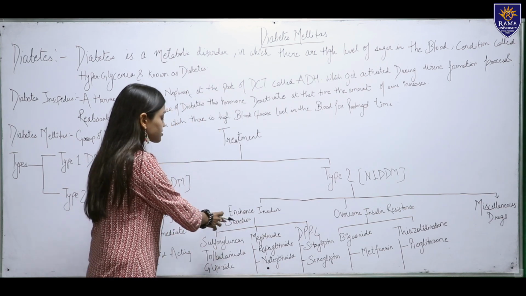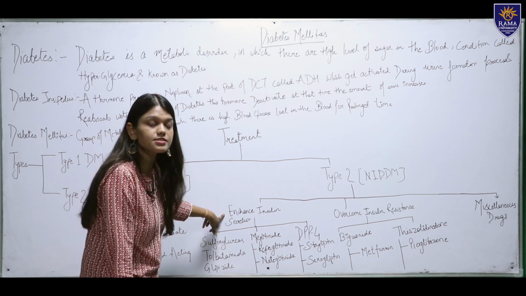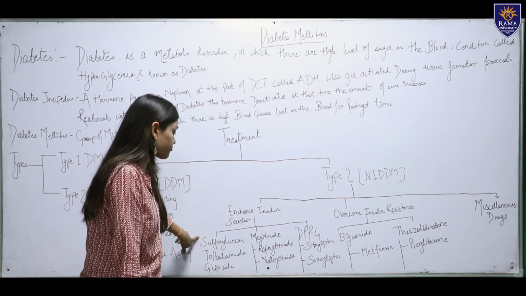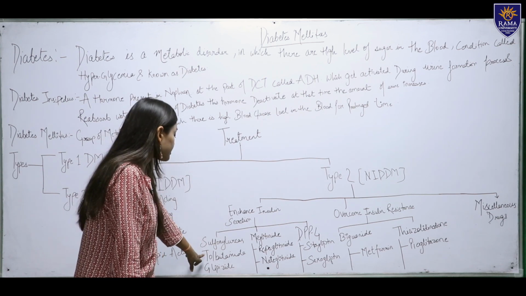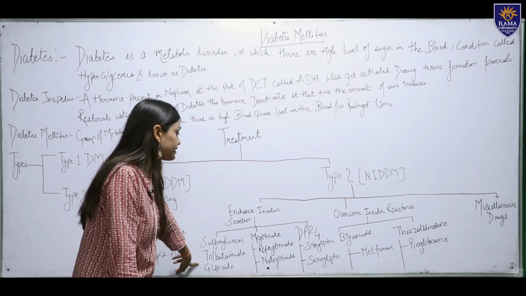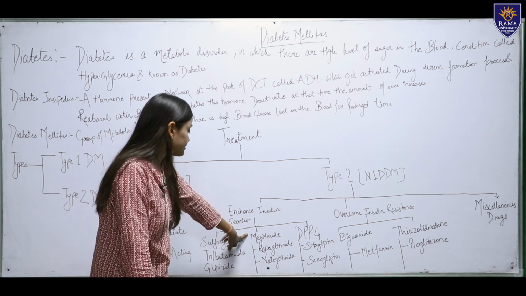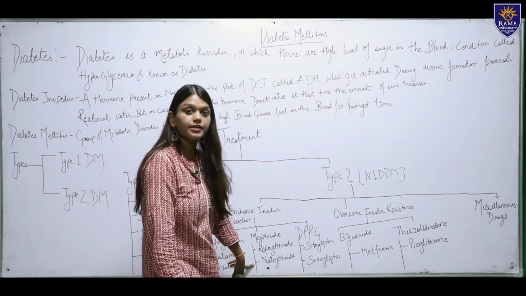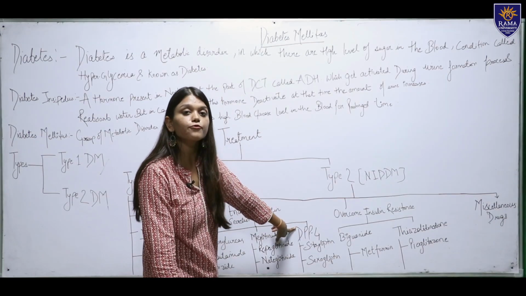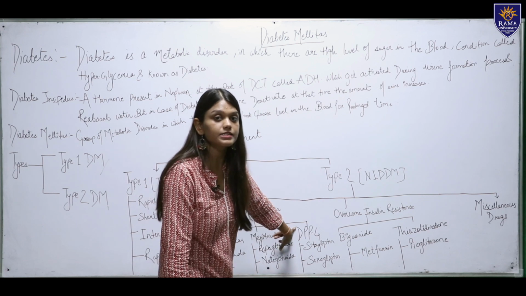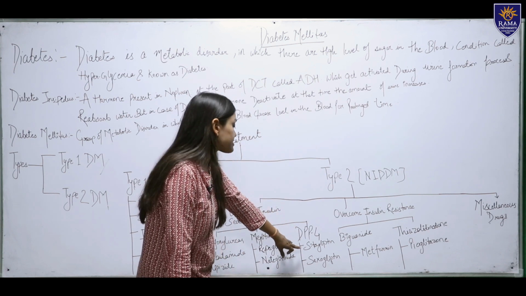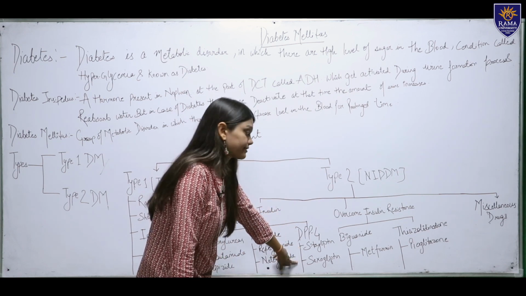The first class enhances insulin secretion: sulfonylureas, with the drugs tolbutamide and glipizide. Next, meglitinides, that is repaglinide and nateglinide. Next, DPP4, dipeptidyl peptidase 4 inhibitors, that is sitagliptin and saxagliptin.